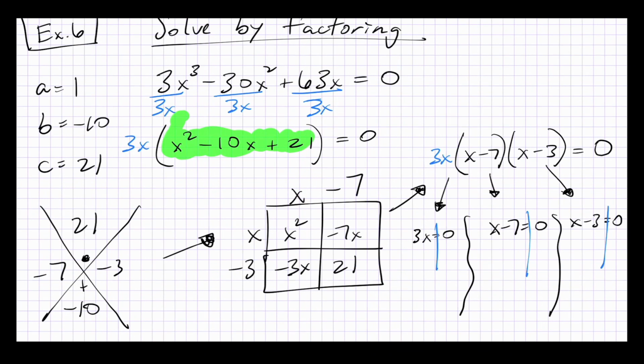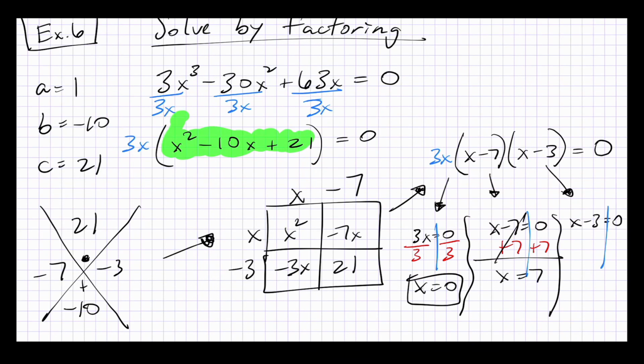So let's see here, divide by 3, it's 0, add 7, add 7, 7, positive, add 3, I get 3. 3 boxes, 0, 7, 3.